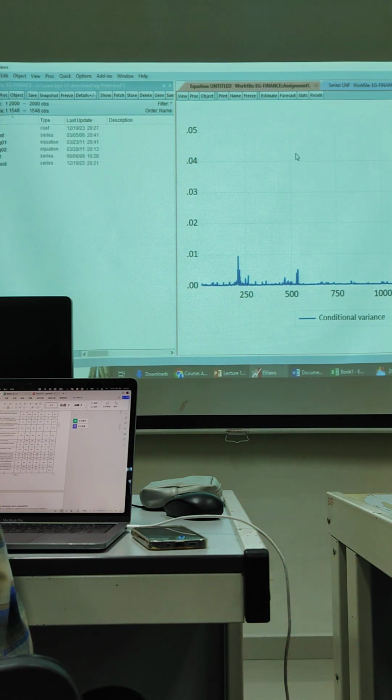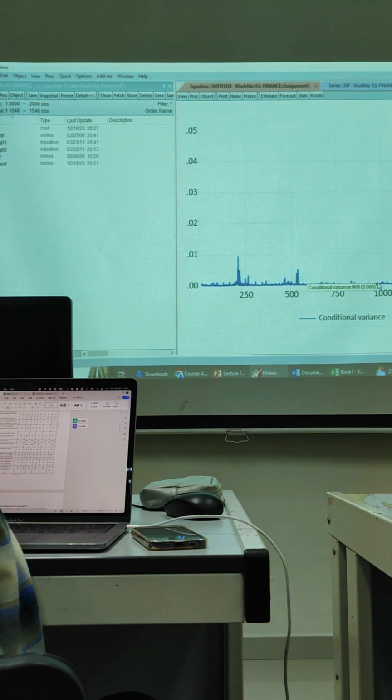Because I modeled 1,500-something observations here, you see the risk is a little bit high here, then a little bit high during this period, right? But it's normal in this period, no risk. So which period is which? You have time series data, because this is just observation. If you have a time profile, you can see the risk during that particular date.